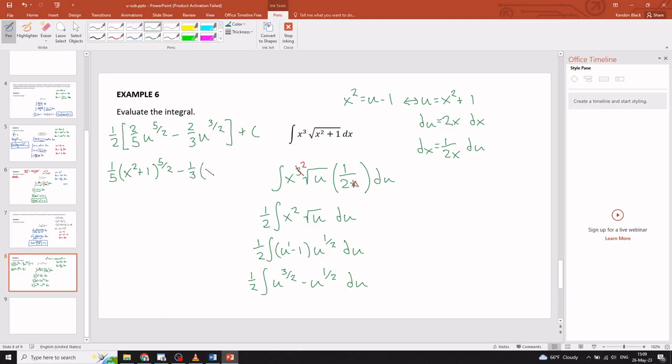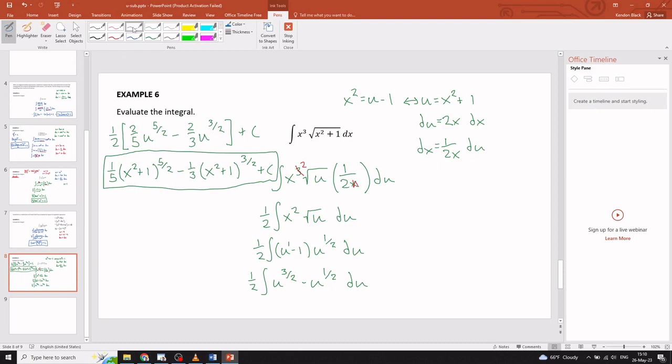U is x squared plus 1 to the 3/2 plus c. Now this can be the final answer. I'll give you probably a slightly better way to write it.